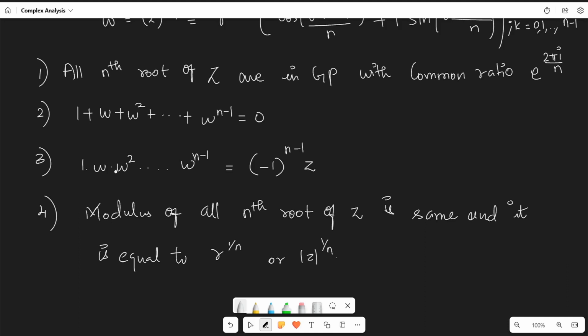When you take the modulus of omega, it is r power 1 by n. Modulus of omega squared, it is r power 1 by n. Whatever, when you take the modulus of any nth root of z, it is the same and it is equal to r power 1 by n.